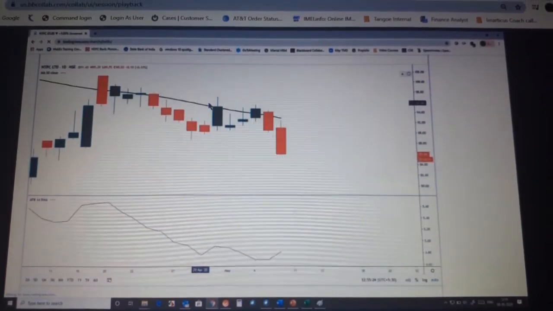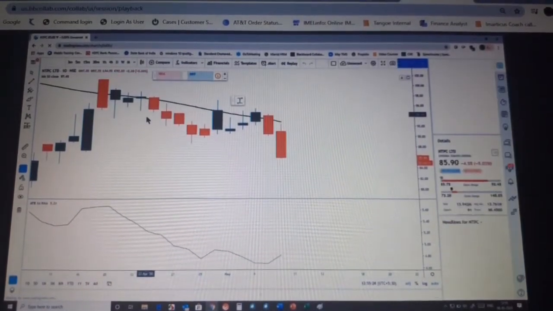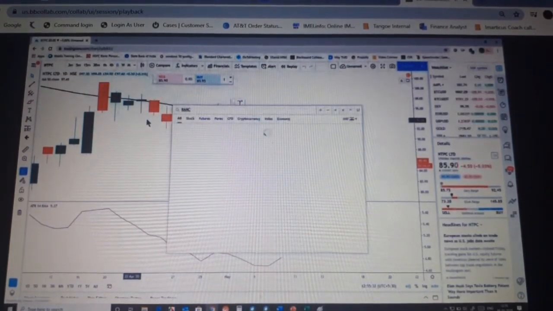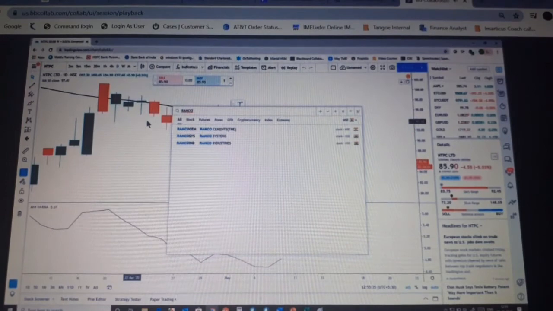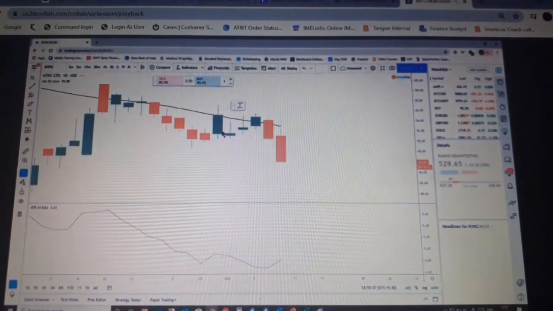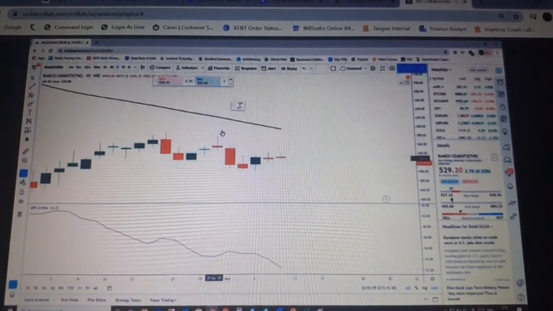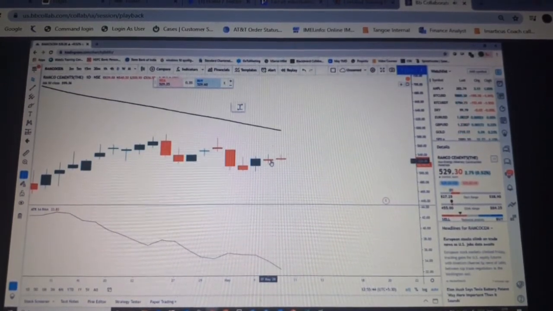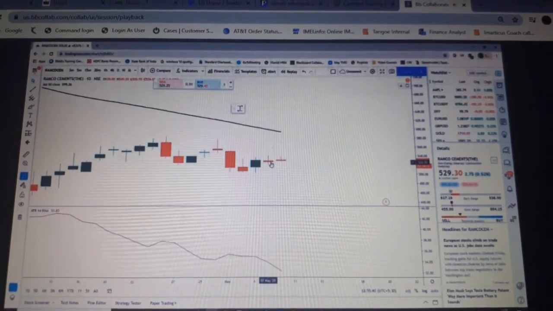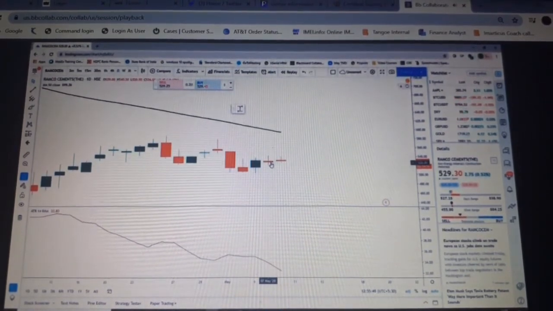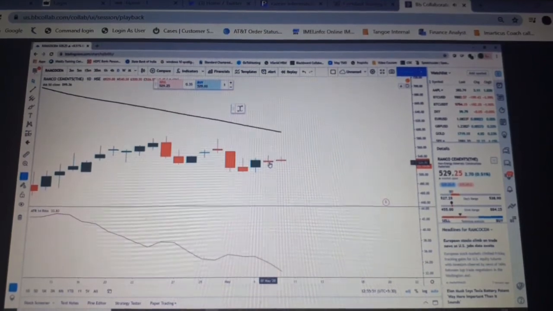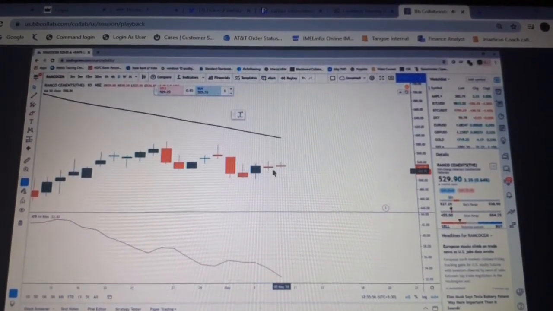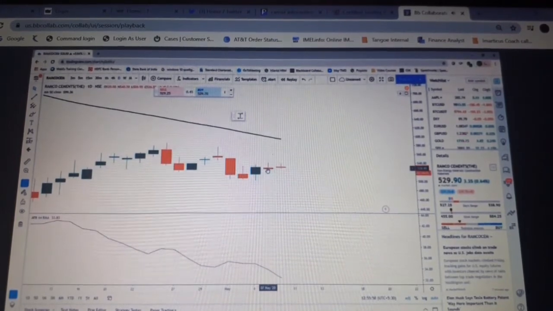And I told you clearly yesterday. So let's go to Ramco Cement. What is the daily? What is this? Ramco Cement daily. Yeah, it's around 4 rupees.